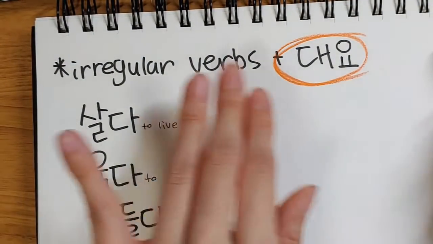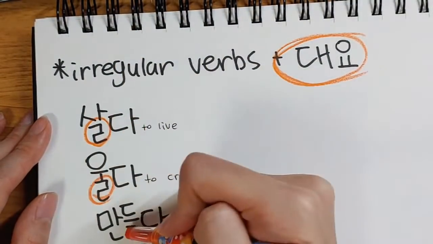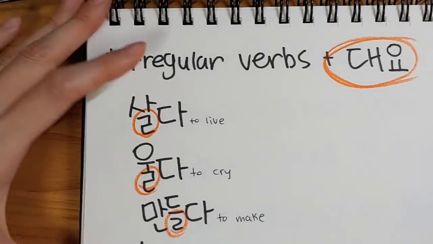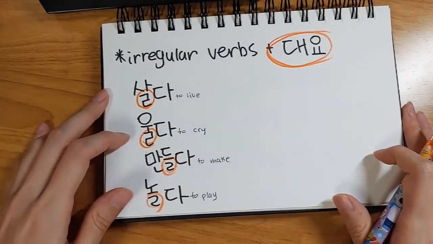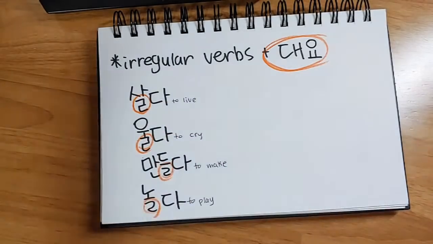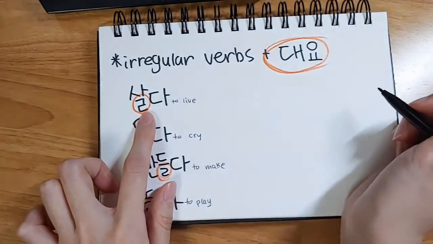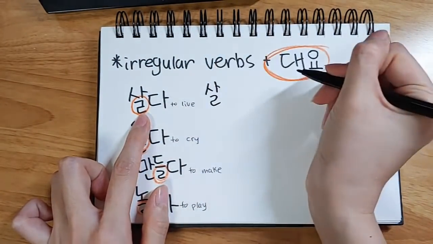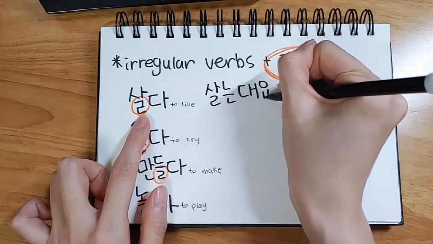So when irregular verbs like 살다, 울다, 만들다, 놀다, whose stem, as you can see, ends in 리을 받침, they are considered irregular verbs. So they don't follow the regular rule. So if you follow the regular rule that we just learned, 살다, when it's combined with 대요, should be 살는대요, right?